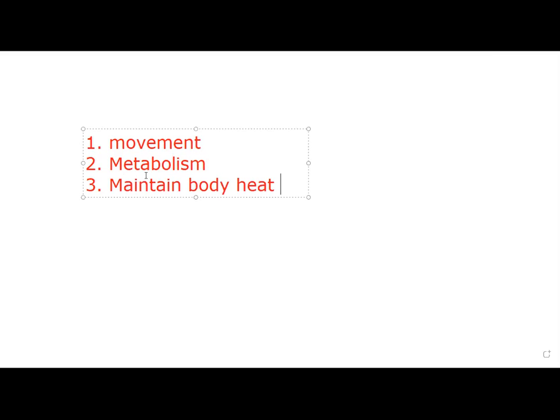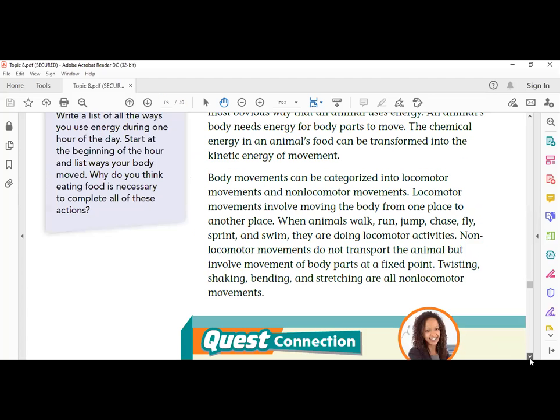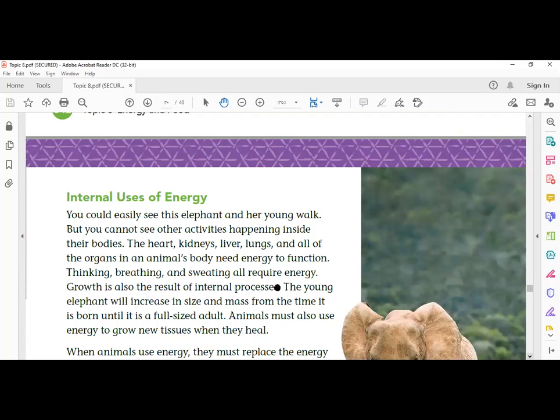Organisms that use energy inside their bodies to maintain body heat are called endotherms, or warm-blooded animals. Also, inshallah, tomorrow we will talk about another use of energy: internal uses of energy.